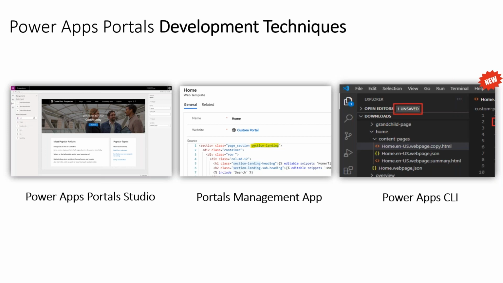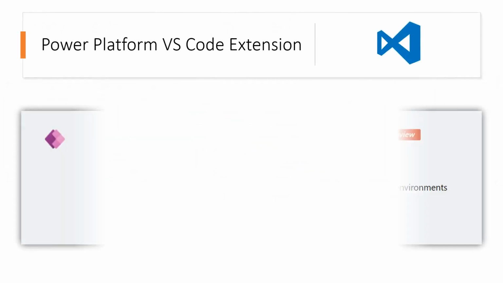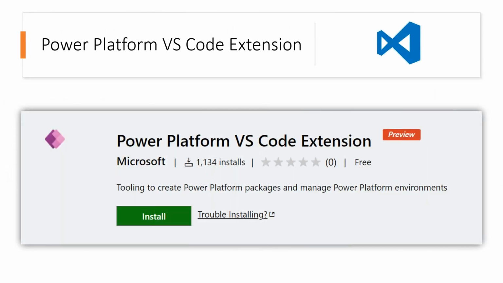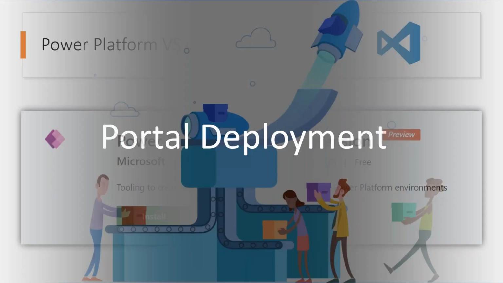It is one of the key components that makes your ALM happen. This is the Power Platform VS Code extension that Microsoft introduced. If you want to play around with the Power Apps CLI, you install this extension in VS Code and start using it.